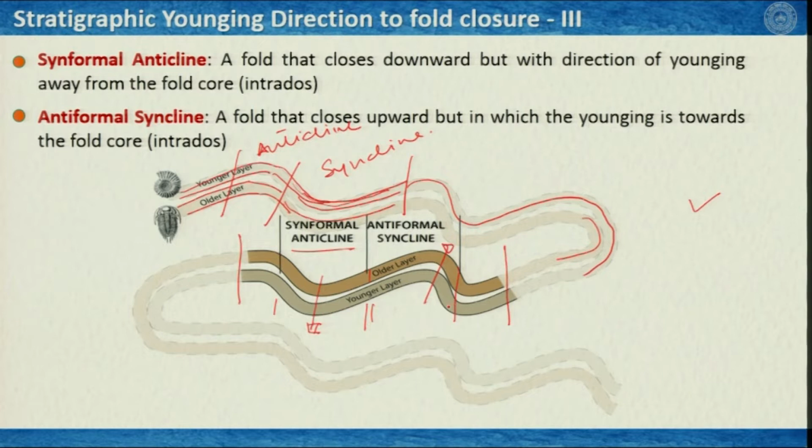And similarly, in this antiform, the younging layer is towards the fold core. So this is an antiformal syncline. So we learned a series of terminologies related to fold geometry and their stratigraphic younging directions: synform, antiform, syncline, anticline, synformal anticline, antiformal syncline, and anticlinorium and synclinorium.